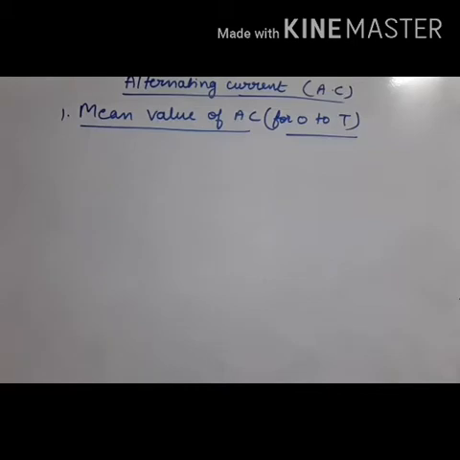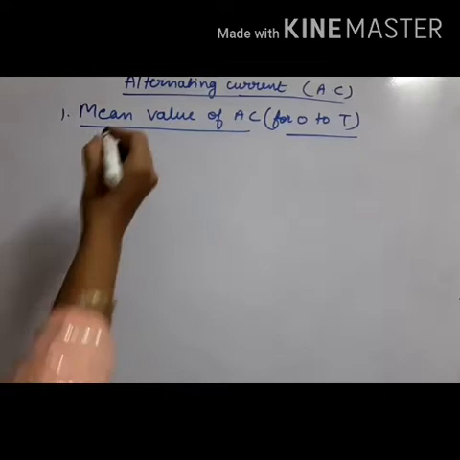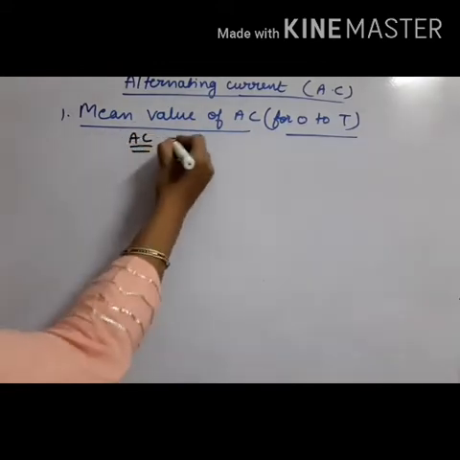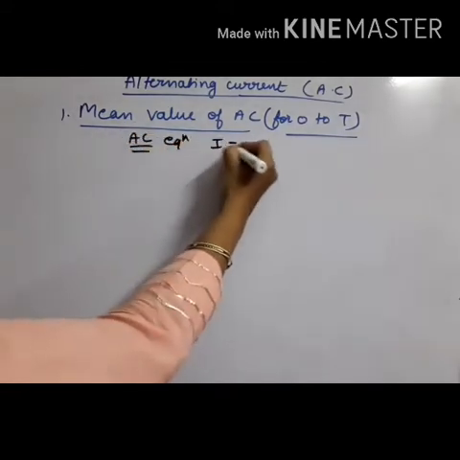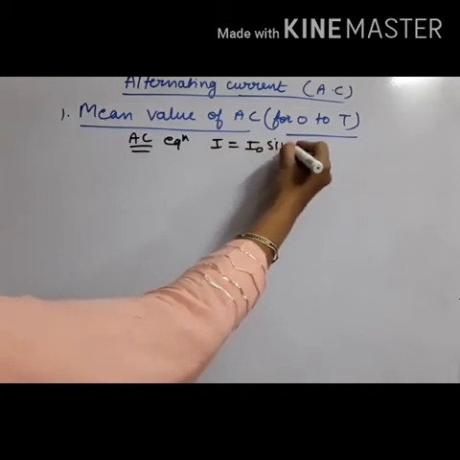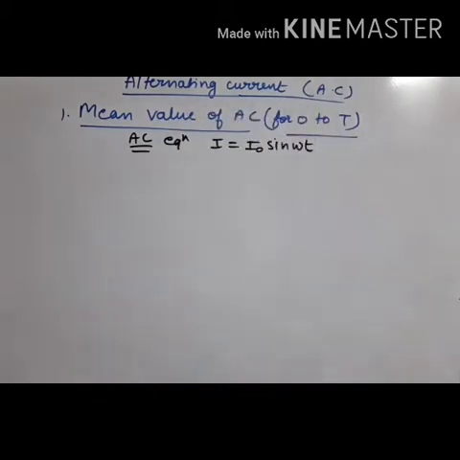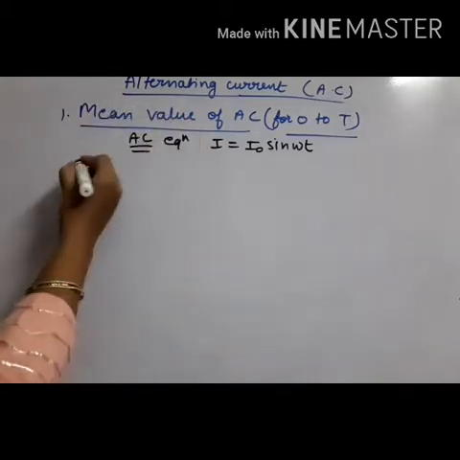Should we use sin theta or cos theta? Any equation we can choose for the whole chapter. Suppose we take the sine equation, so for our complete chapter, I equal to I0 sine omega t will be used for alternating current. Now let us calculate the mean value.